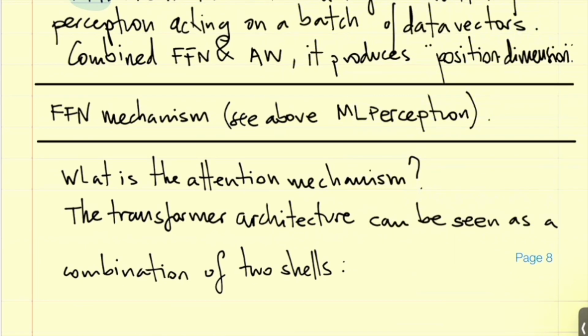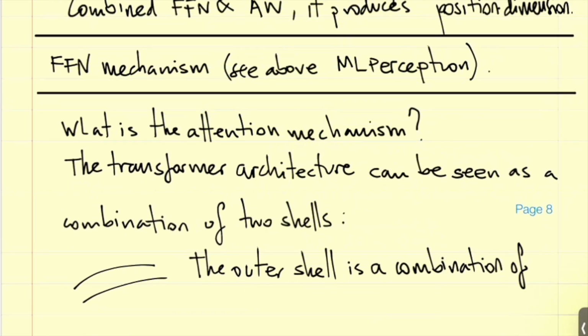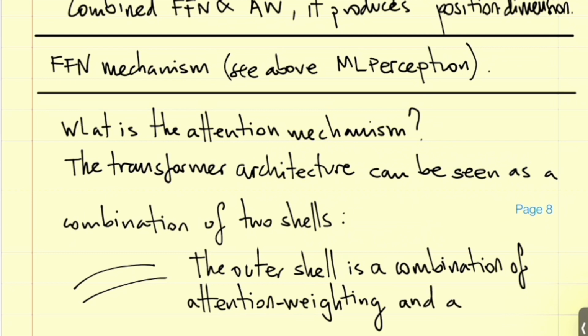Okay, like an onion. Okay, outer shell, the outer shell is a combination of attention weighting and a feed-forward network. Okay.